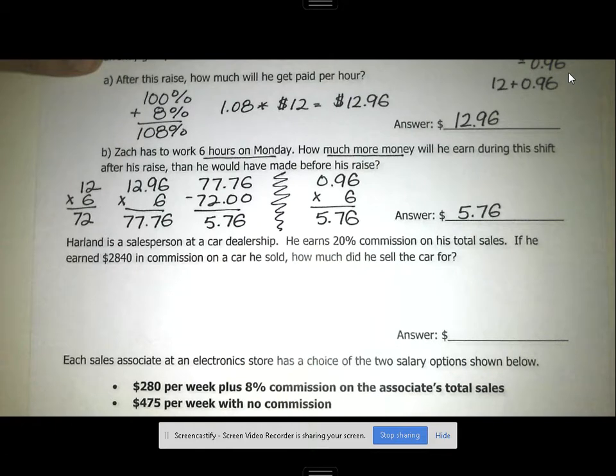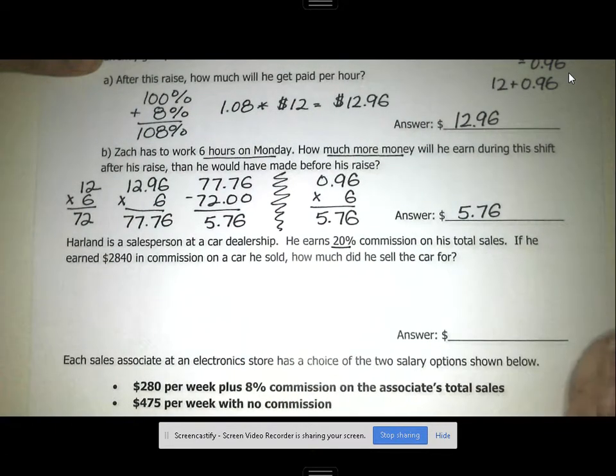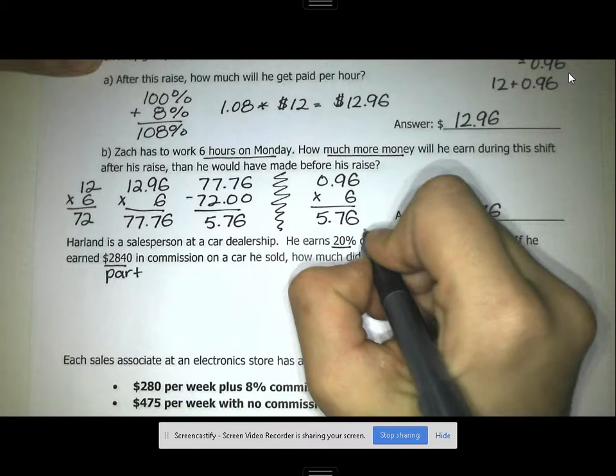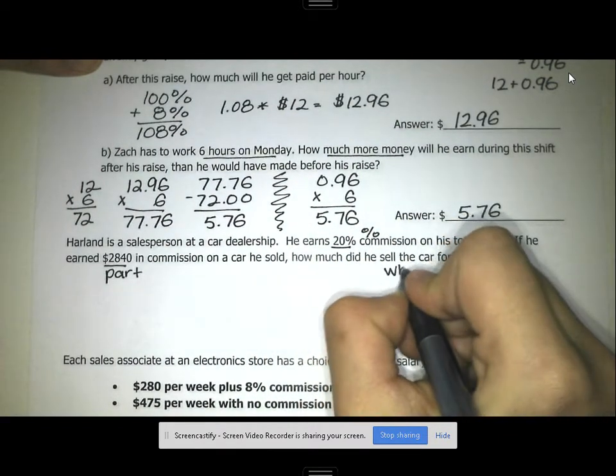Harlan is a salesperson at a car dealership. He earns 20% commission on his total sales. If he earned $2,840 in commission on a car he sold, how much did he sell the car for? So they're telling you the part that Harlan made in commission, and they're telling you the percent that he made of the commission, and they're asking, what was the whole price of the car?